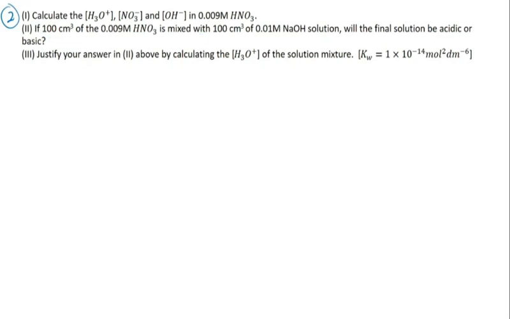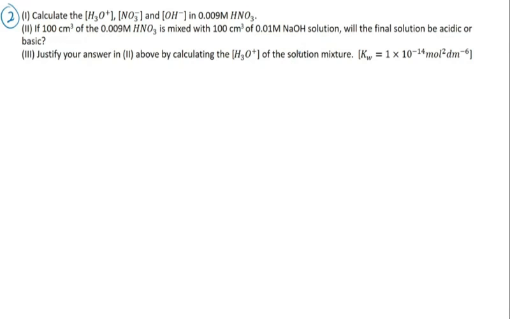If 100 cm cube of 0.009 molar nitric acid is mixed with 100 cm cube of 0.01 molar sodium hydroxide solution, will the final solution be acidic or basic? Then justify your answer by calculating H3O+ of the solution mixture, given that Kw is equal to 1 times 10 raised to the power minus 14 mole square dm minus 6.